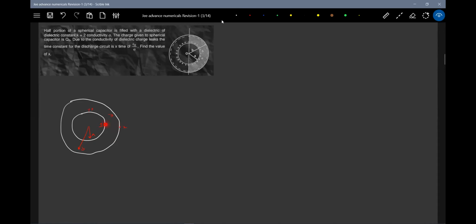So let's calculate the capacitance. If you want, you can make this circuit. If you are getting trouble, you can just make it earthed.